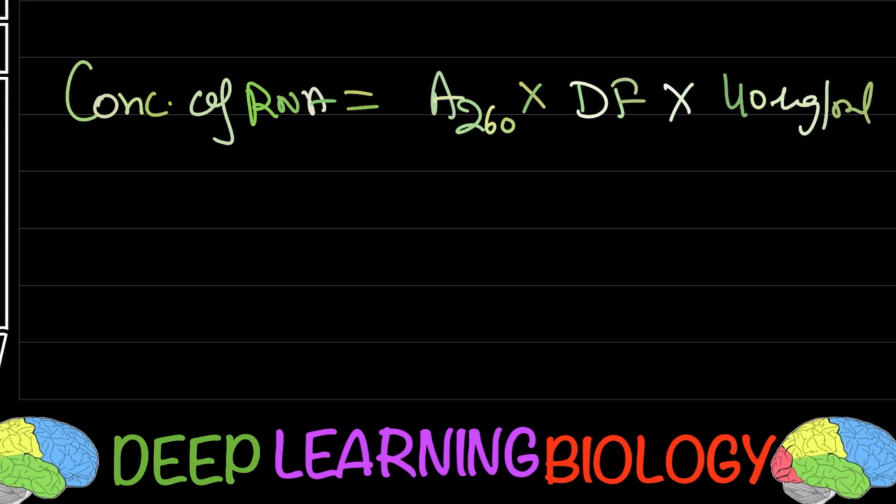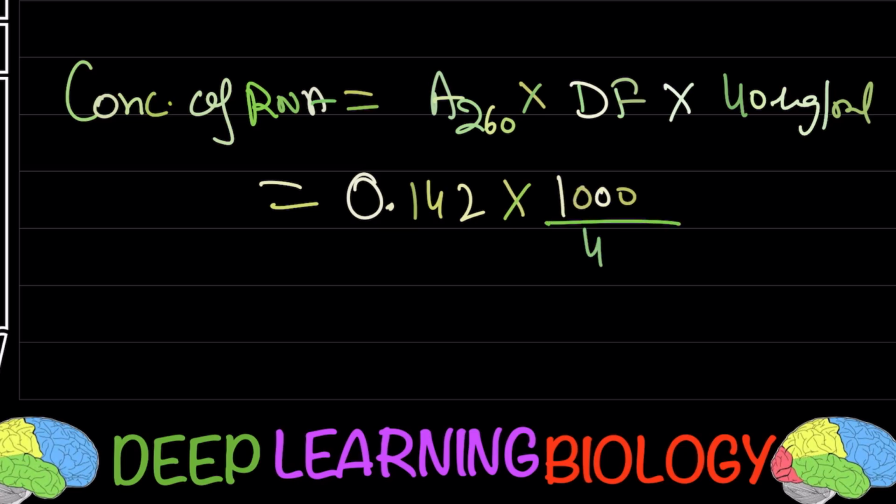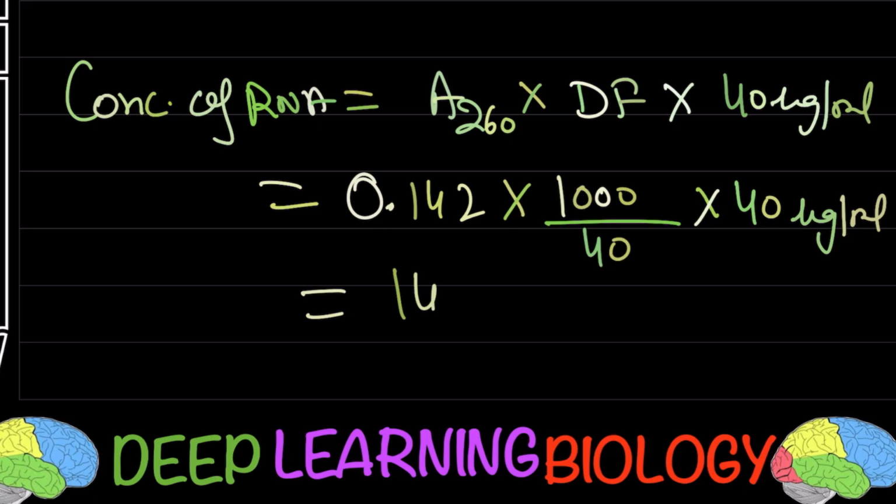What is the value of absorbance at 260? 0.142. What is the dilution factor here? Final volume 1000, initial volume 40, and you have to multiply it with 40 microgram per ml.